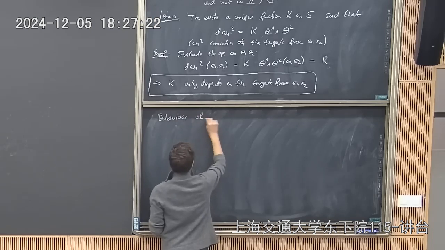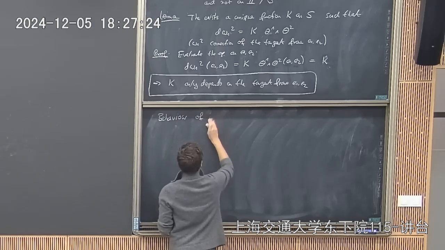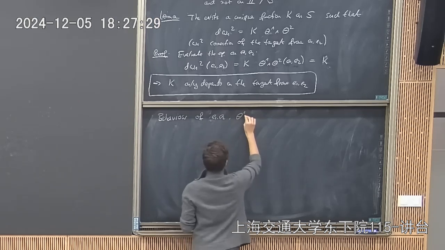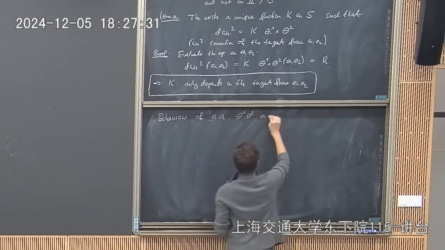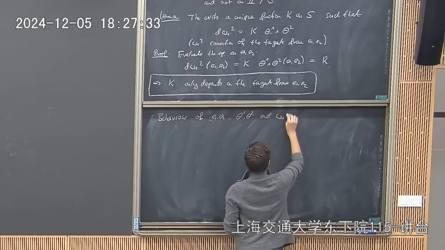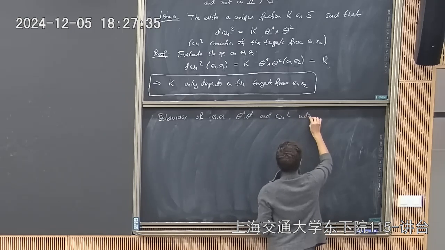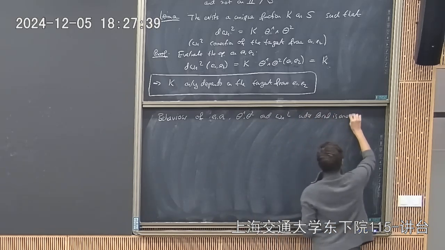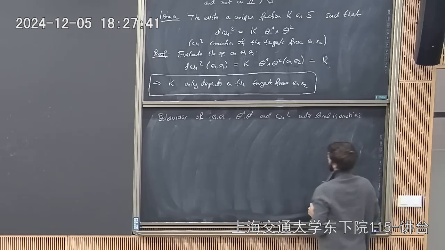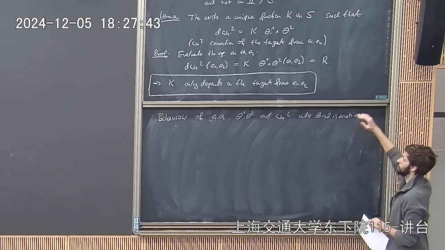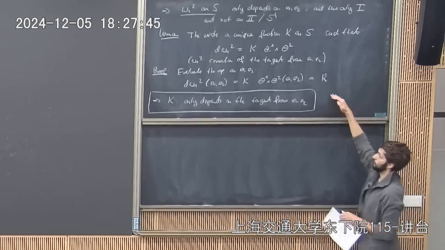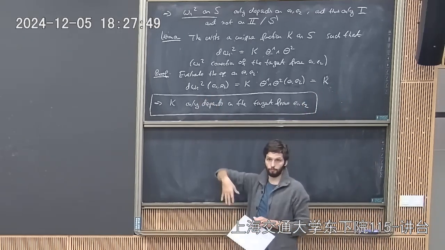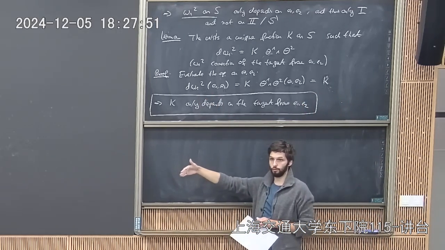Behavior of E1, E2, theta 1, theta 2, and omega 1, 2 under local isometries. So that's the idea now, is that we know the curvature is uniquely defined by the connection forms, and the connection forms are uniquely defined by the dual forms.